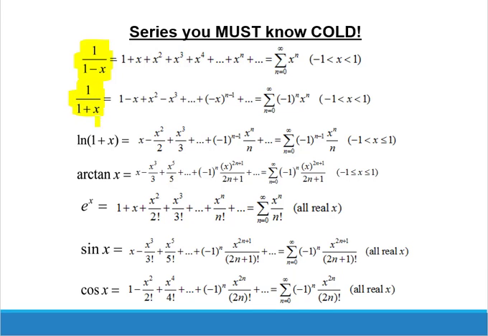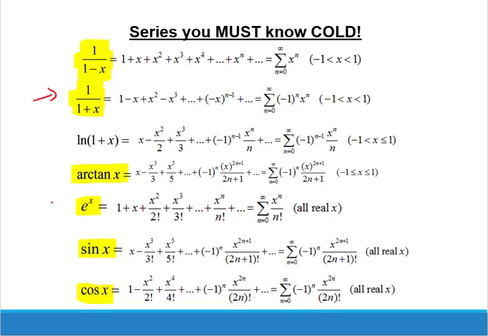We derived arctangent by looking at this one, okay, and plugging in x squared and then taking the antiderivative. And then lastly, this one, ln of 1 plus x. I believe our book actually just uses ln of x.